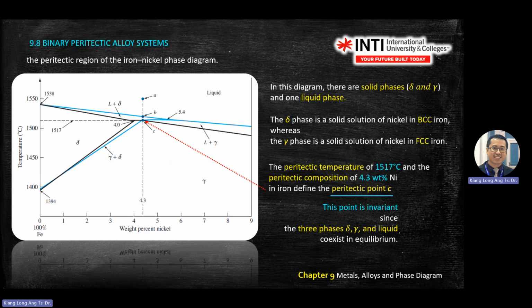So here is quite complicated because at this point you will see three phases, delta, gamma, and liquid, coexist in equilibrium. At this point C, on the top here you see liquid and delta, below here you see gamma, on the right here you see liquid plus gamma, below here you see the mixture of gamma and delta. So here is a triple point. Point C is a triple point.